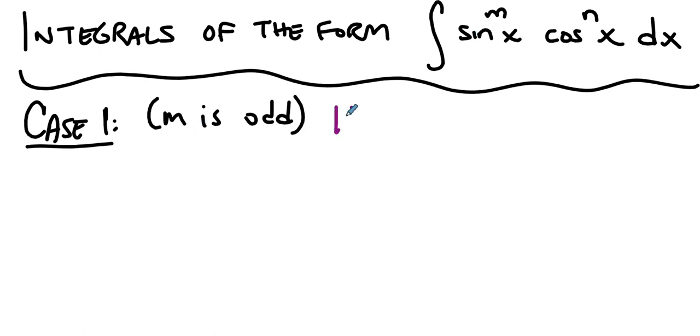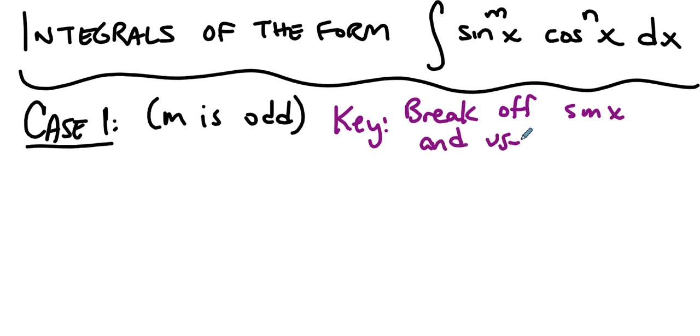And the key in this case is to break off a sine x and use the fact that sine squared x is 1 minus cosine squared x. That's the key. We break off a sine x, and we use the only Pythagorean identity that you remember from your high school trig.